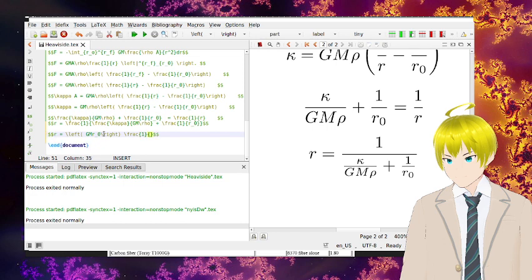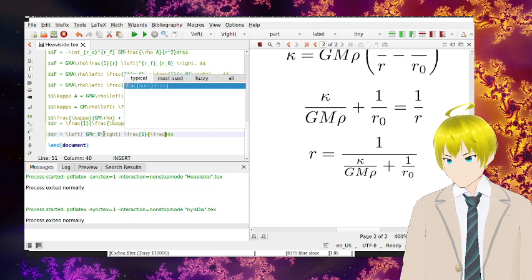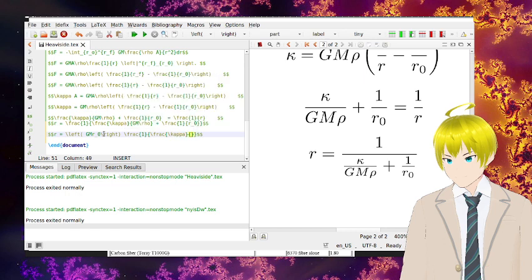One over kappa over rho. So remember, kappa is my tensile strength, rho is my density. I want these collected together, plus GM.